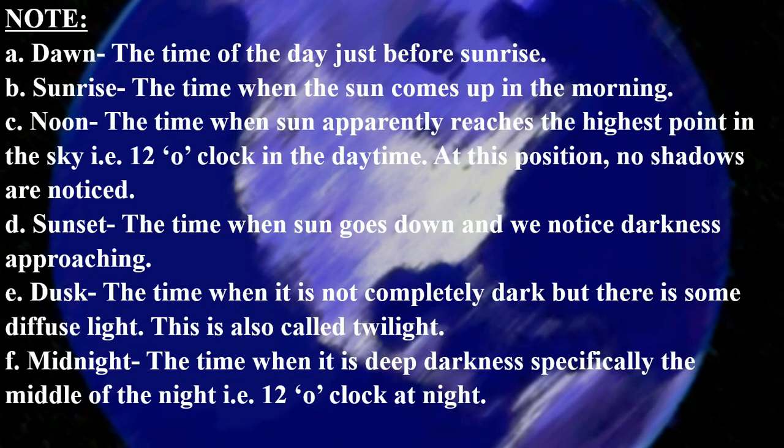Let me show you something in the next slide. These are the following terms we actually use for the different phases of the day, from dawn to dusk, isn't it? You must have heard about dawn. Dawn, that's sunrise, noon, sunset, dusk, midnight. So we'll be discussing them.